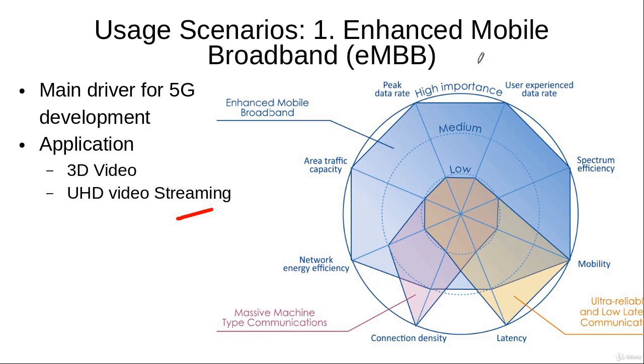And this enhanced mobile broadband is characterized by these aspects of the 5G requirements. It means we need high data rate, we need high area traffic capacity, and this is achievable if we have high spectrum efficiency.